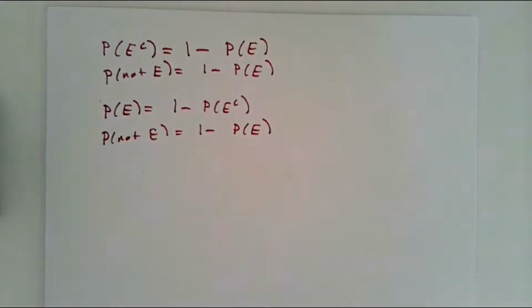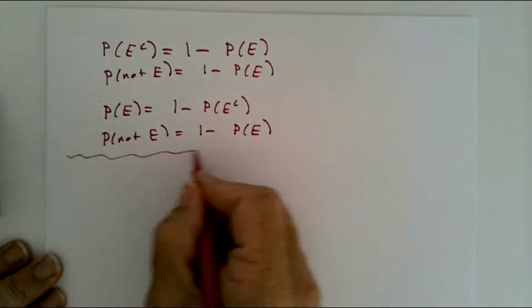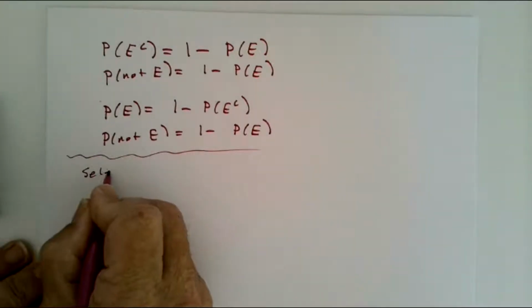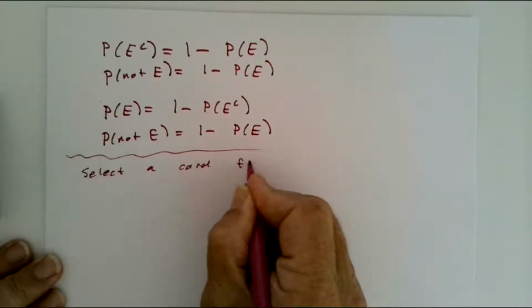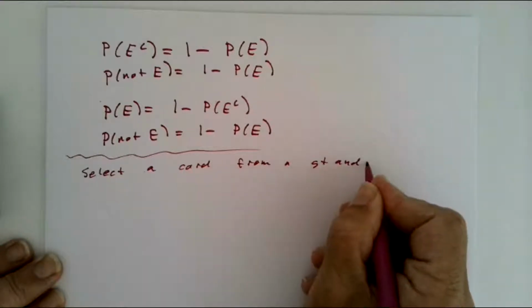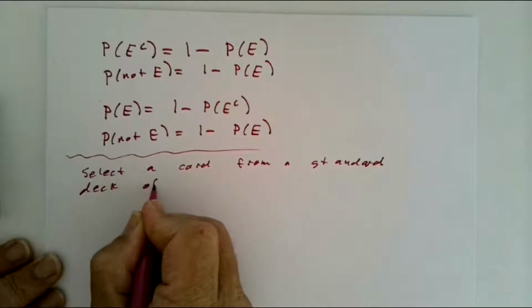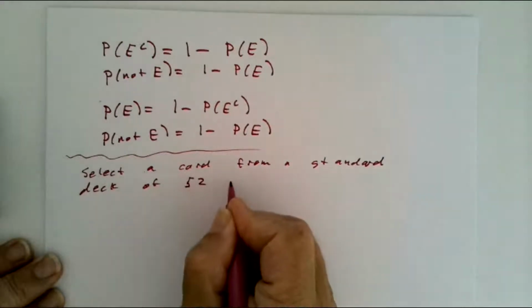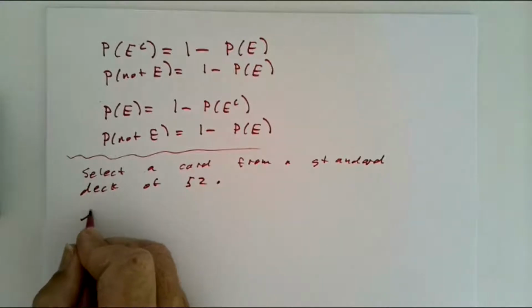Let's take a look at another example. This time we are going to select a card from a standard deck of 52. So our sample space will have 52 items in it.